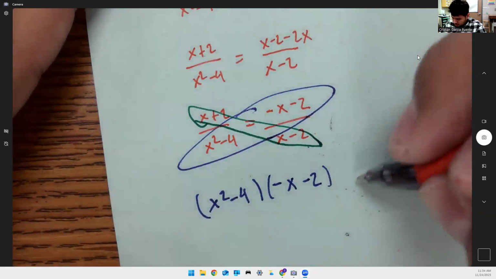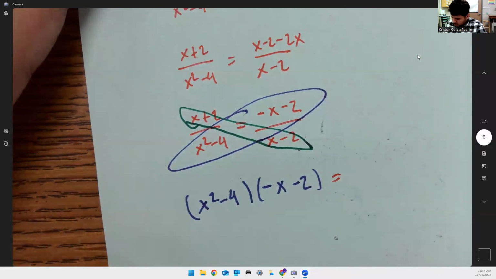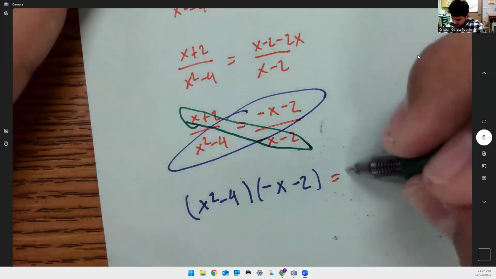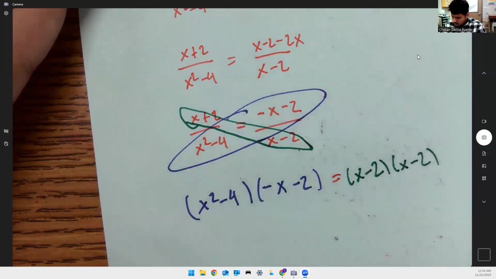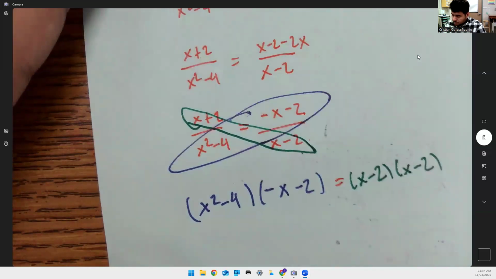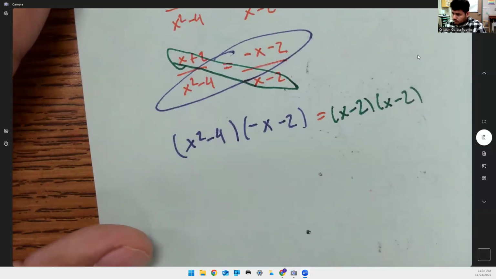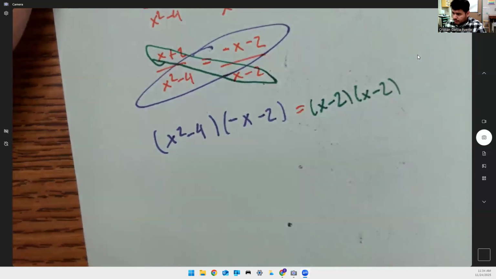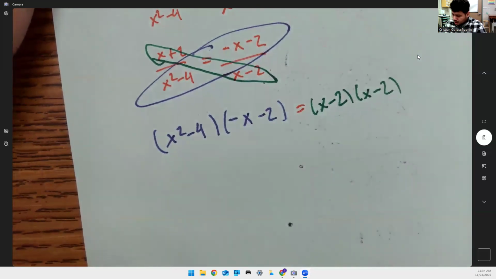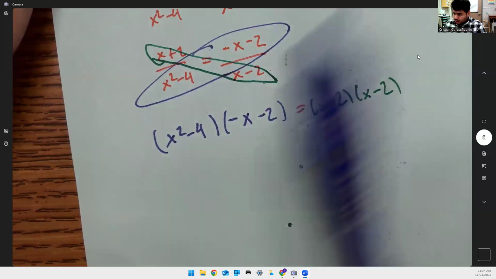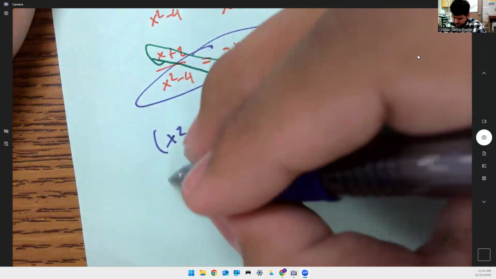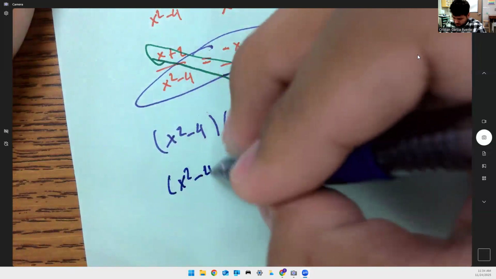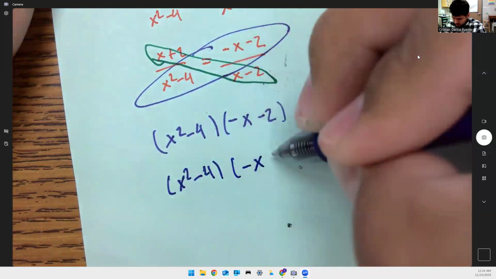That's going to equal the green circle, which is x plus 2 and x minus 2. Now, you could distribute this left side. I'm not going to do it because I see something. I'm just going to leave this left side how it was, x squared minus 4 and negative x minus 2.